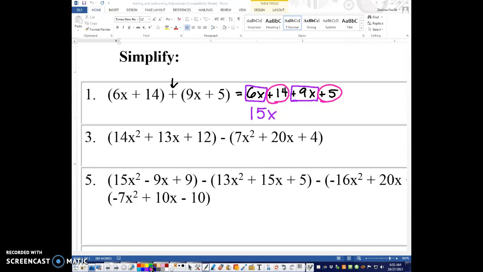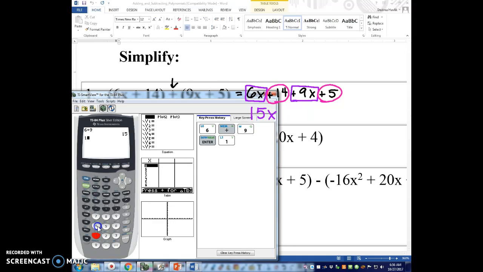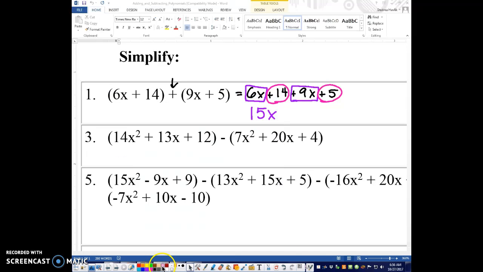And then 14 plus 5, well, let's go check it out. 19. 14 plus 5 is 19. And that's your answer.